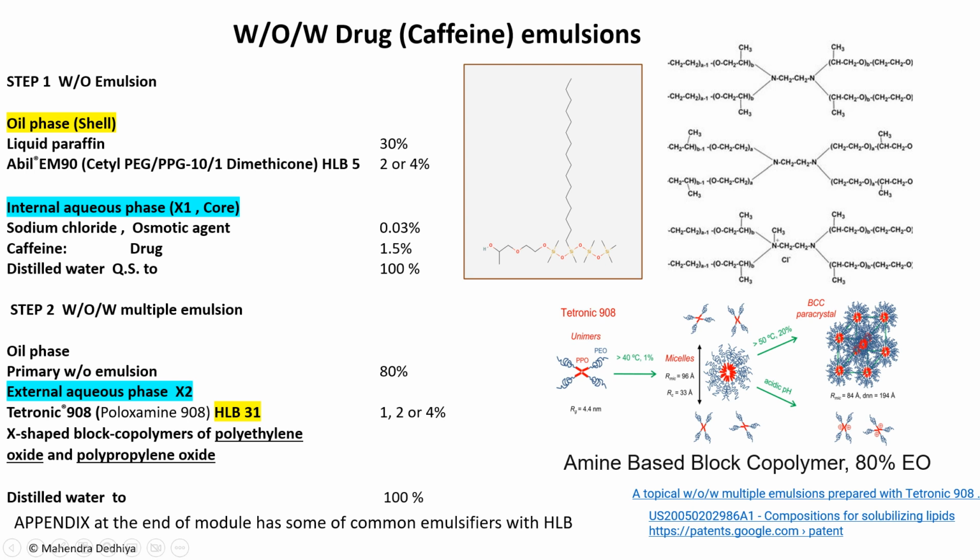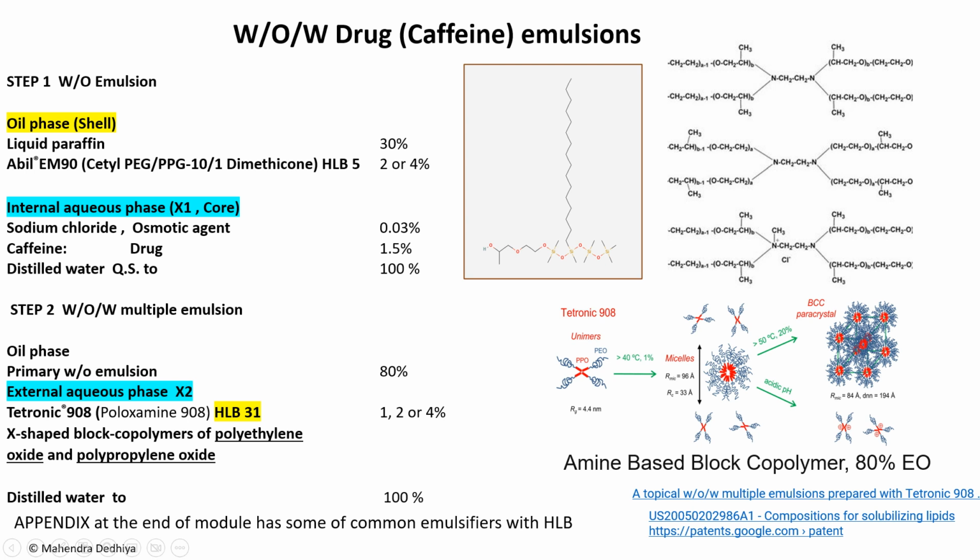So this is emulsified first by adding water into the oil phase. The emulsion that's formed is water and oil. This emulsion is now taken as a primary water and oil emulsion.